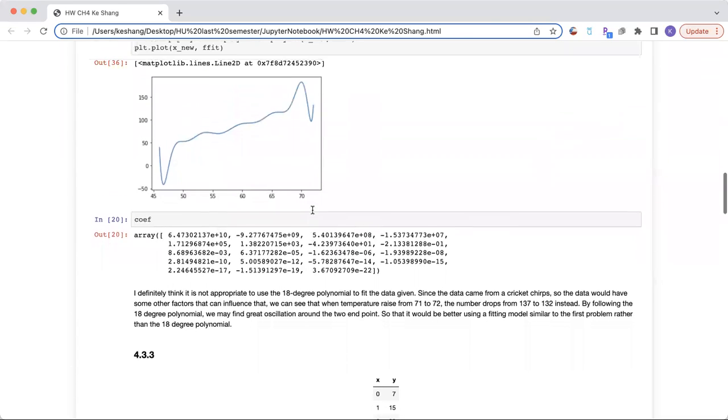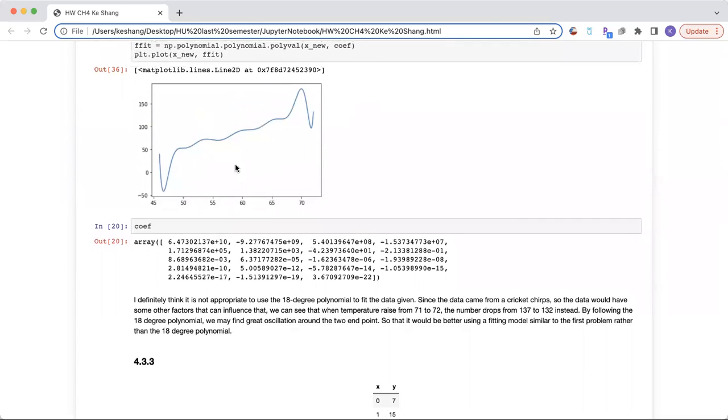I don't think it's a very good idea to use the 18-degree polynomial to fit those data, since the data came from just one cricket's chirps, so the data would vary a lot. There can be a lot of other influences on the correctness of our data.